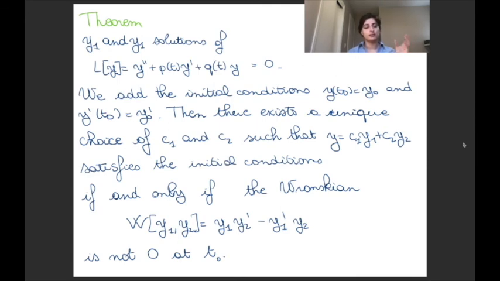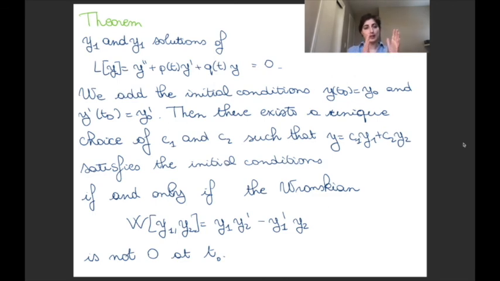It states that if we take two solutions of a linear homogeneous second order ODE, with two initial conditions, then there exists a unique choice of C1 and C2 such that y equals C1 y1 plus C2 y2 satisfies the initial conditions. And this choice exists and is unique if and only if the Wronskian is different than 0 at t0.